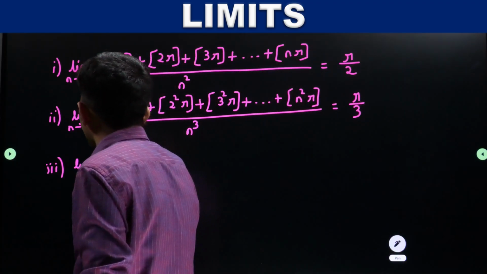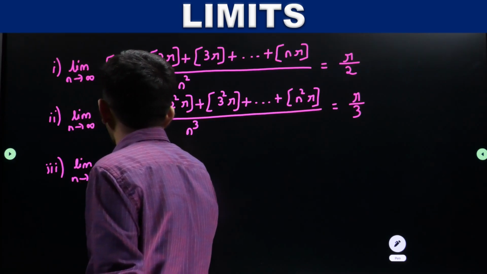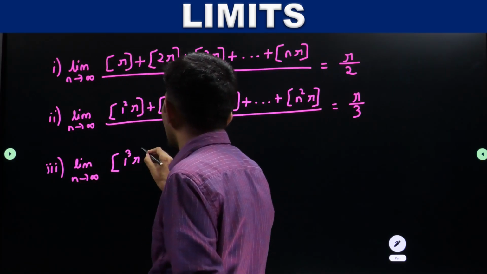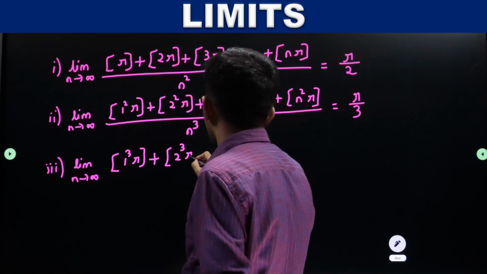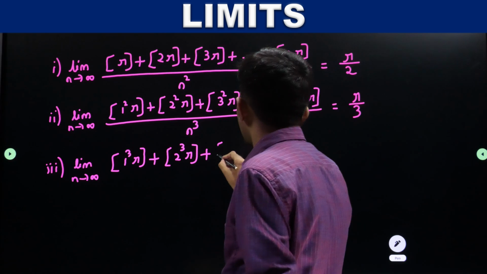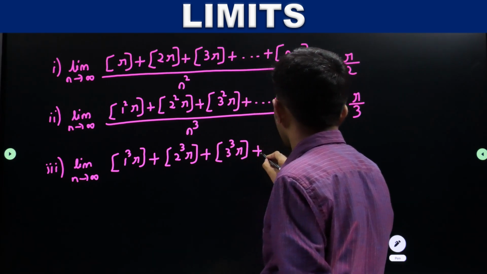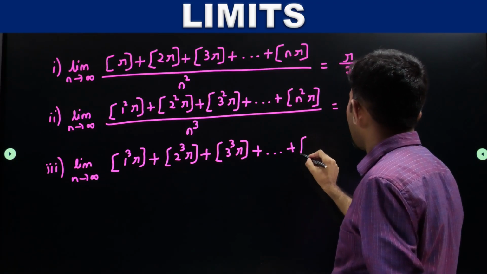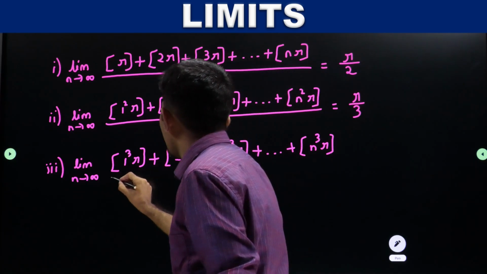Correct? So limit n tends to infinity of the greatest integer value of 1 cube into r plus the greatest integer value of 2 cube r plus the greatest integer value of 3 cube r, and so on, up to the greatest integer value of n cube r, divided by n power 4.